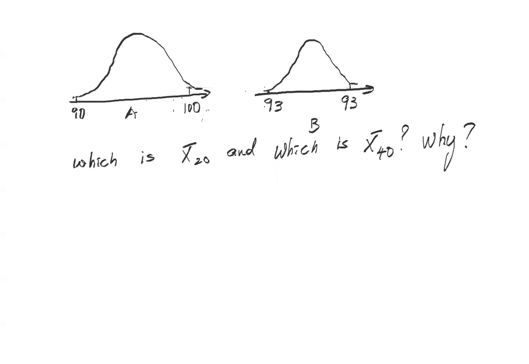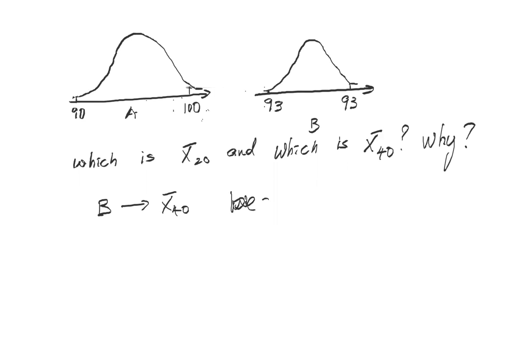Okay, any of the girls? Hurry up, tell me, select. Yes. B is X bar 40. Okay, so why?